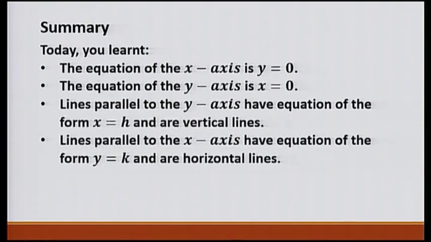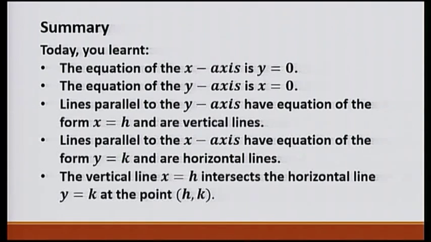Lines parallel to the x-axis have equation of the form y is equal to k and are horizontal lines. The vertical line x is equal to h intersects the horizontal line y is equal to k at the point (h, k).